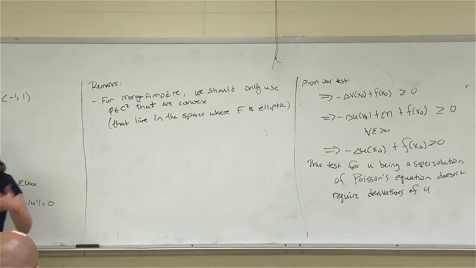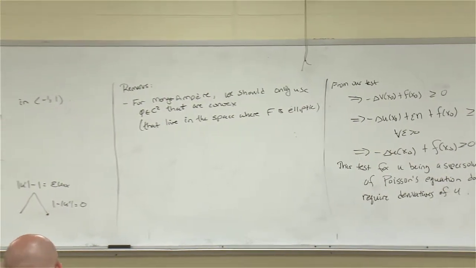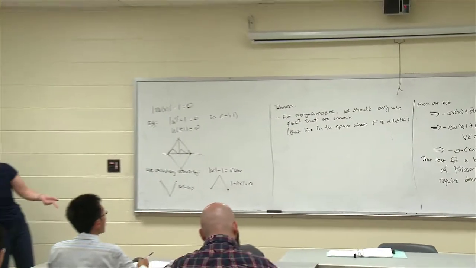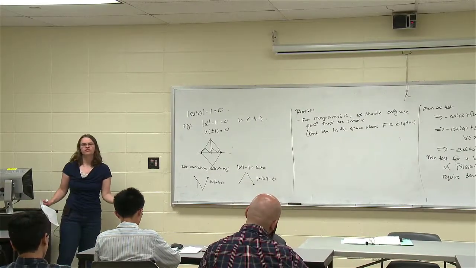Otherwise, these kinds of maximum principle type arguments don't make sense anymore. You still need the constraint. So this test isn't going to guarantee you that your U is convex at the end of the day.